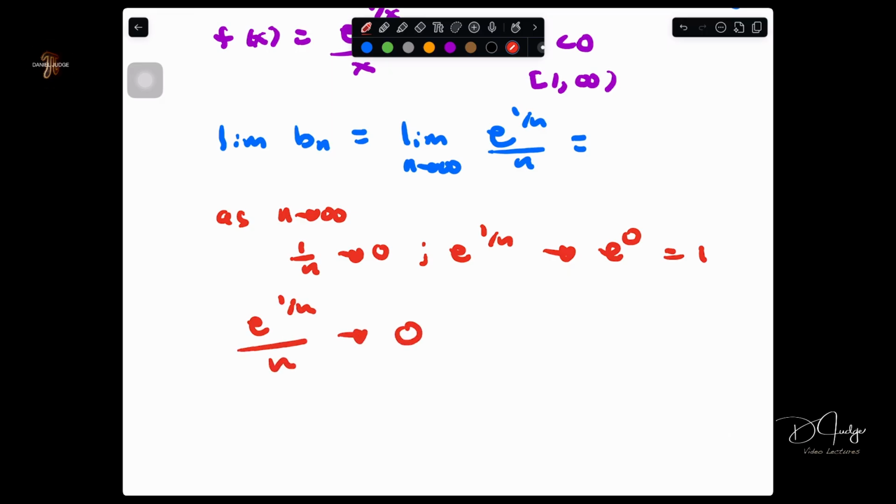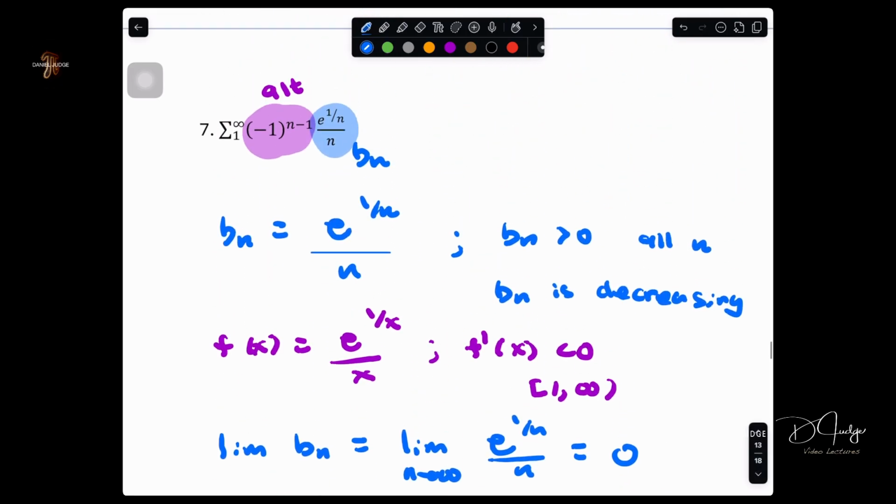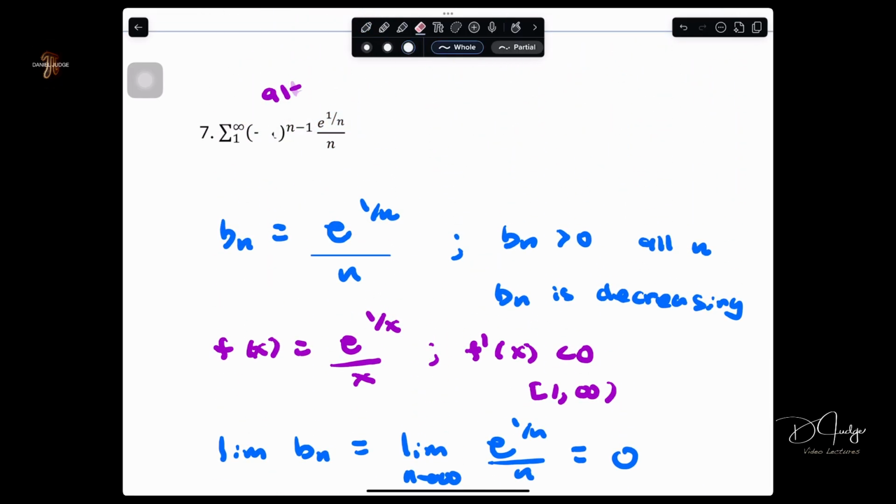So that means our limit, because remember, n is getting big, it's the same n, 1 over something getting big is 0. That's the limit value. This is approaching 0. So this equals 0, and it satisfies the alternating series test conditions. Therefore, this series converges. Converges by the alternating series test.